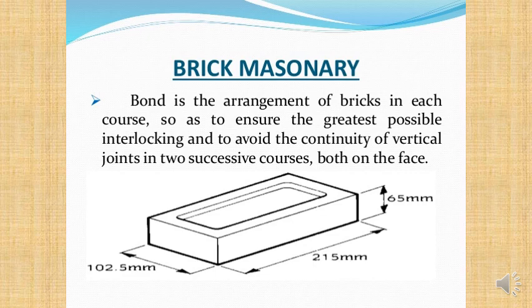So in this block that you can see in this example, the stretcher length is 215 millimeters, and the header length is 102.5 millimeters, and the height is 65 millimeters. So you can get very standard shapes like this.